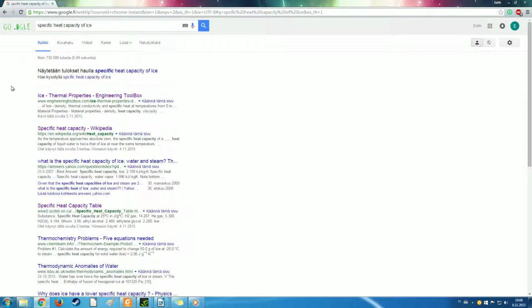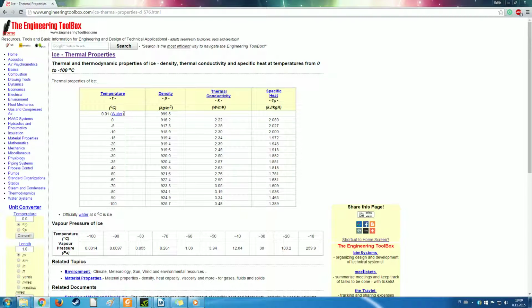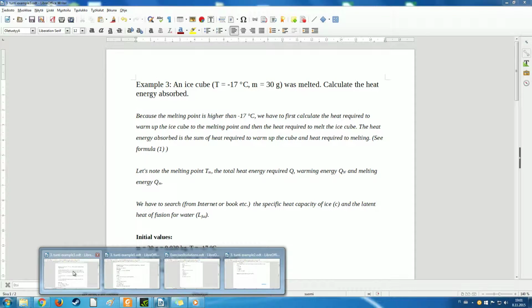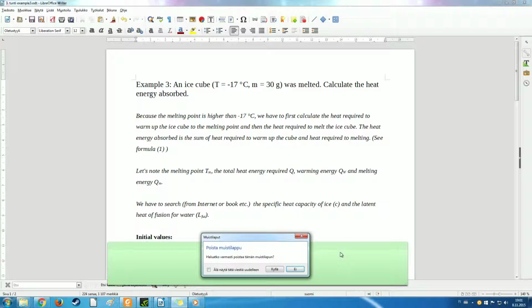So I googled the specific heat capacity for ice and took this engineering table and selected this temperature, -20 degrees Celsius or above, and I approximated that the specific heat capacity of ice is around 2 kilojoules per kilogram Kelvin, and I can recall the latent heat of fusion for water from the example earlier.